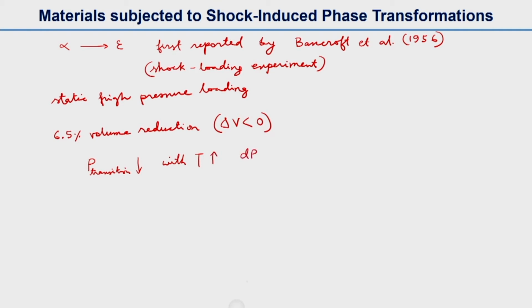That is what we found earlier, dP/dT is smaller than 0, and from here we can say, if you remember the earlier discussions, that the entropy will increase with transformation.